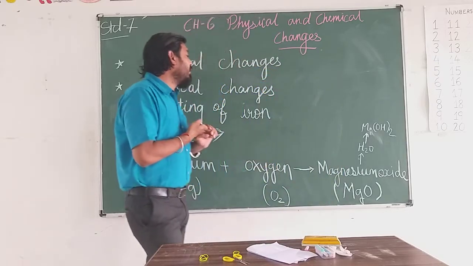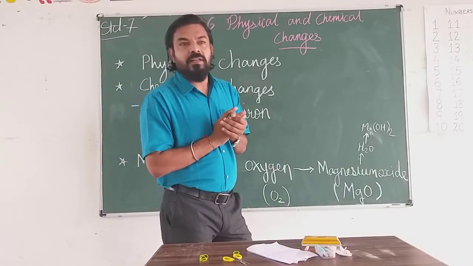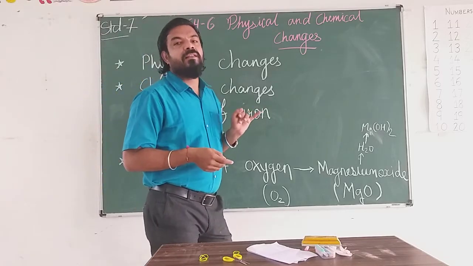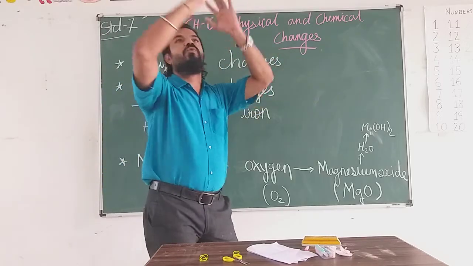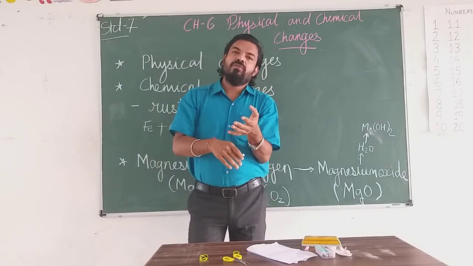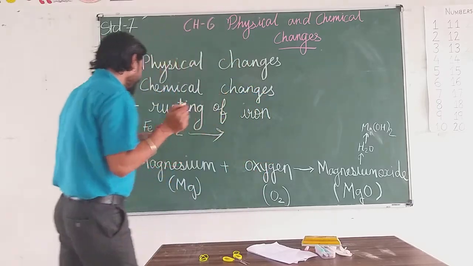That is called rusting. Rusting means जंग लगना. So when you have iron and put it outside, the atmosphere mixes with it, giving you oxygen plus iron, and that is called the rusting of iron.